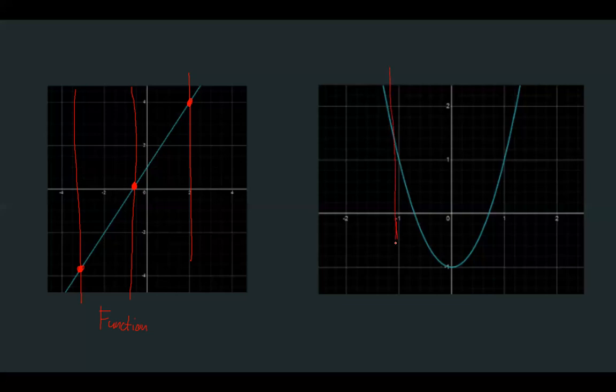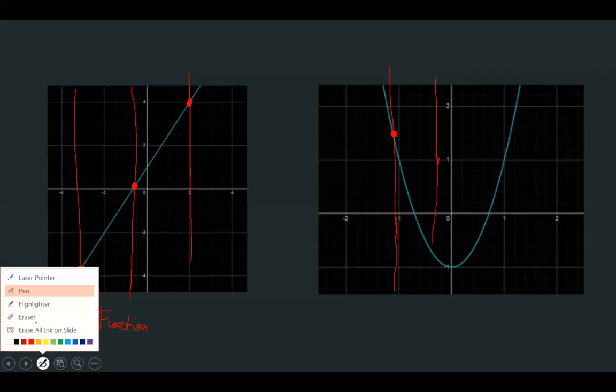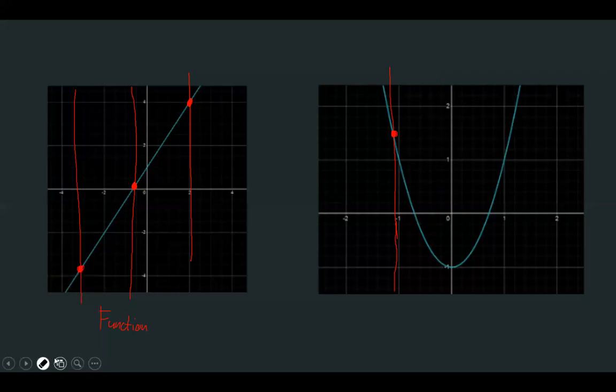If you draw a vertical line here, it intersects only one graph point, right? If I draw another vertical line here, it intersects at only one point as well.